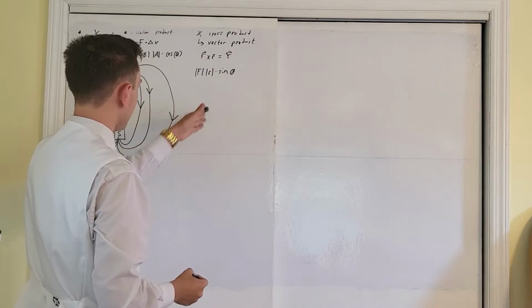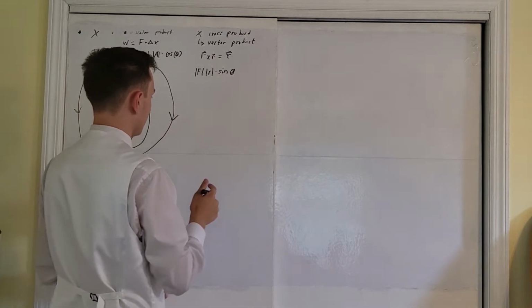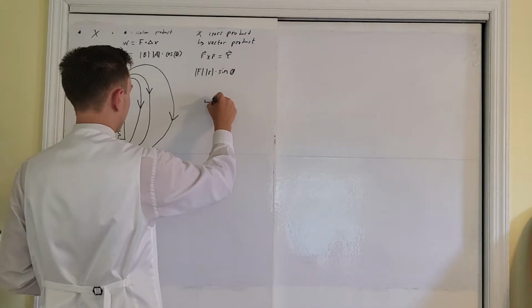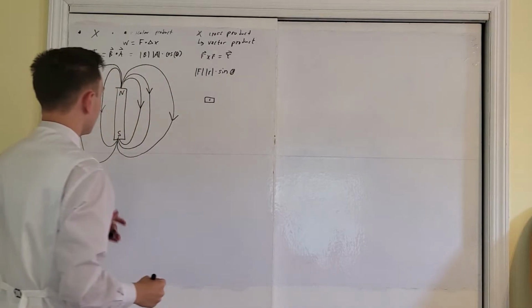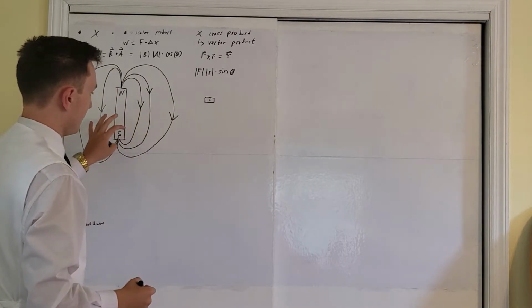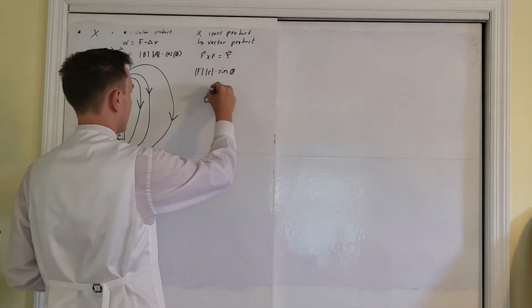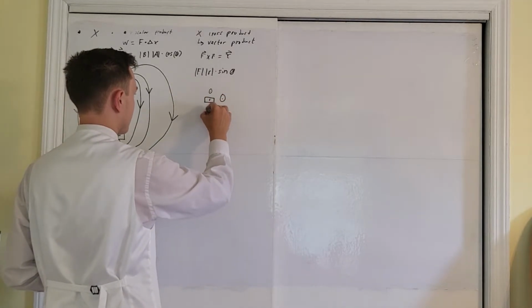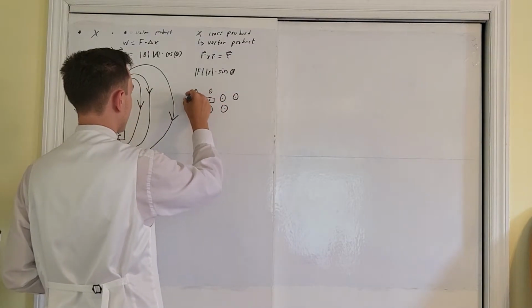So if I were staring down the barrel of the magnet, like I was looking at the bar magnet like this, and let's say this was my south pole, then all of the magnetic field vectors would be coming out of the page at me like this, and you would see all of the magnetic field vectors represented around the magnet as such.